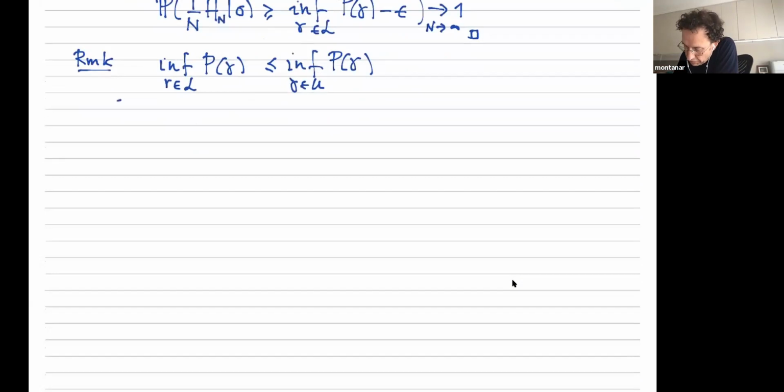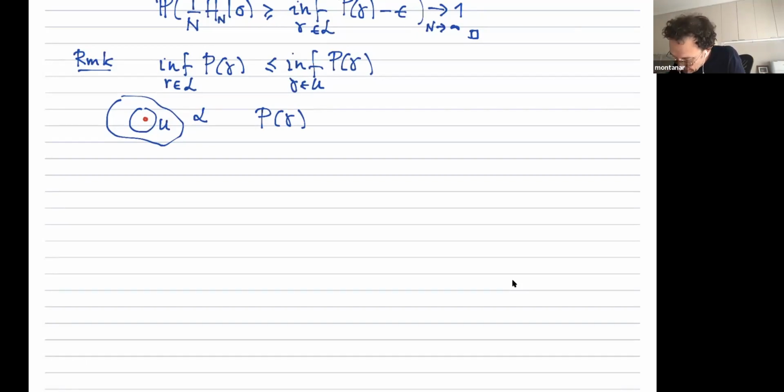So you have the set of all functions in L, and a smaller set U. P gamma is convex in this domain, and the intuition is that if the minimizer over U is achieved in the interior of U, then it will be a minimizer over all the set L. So if gamma star is in the interior of U, then this will also be the minimizer over the larger set L.